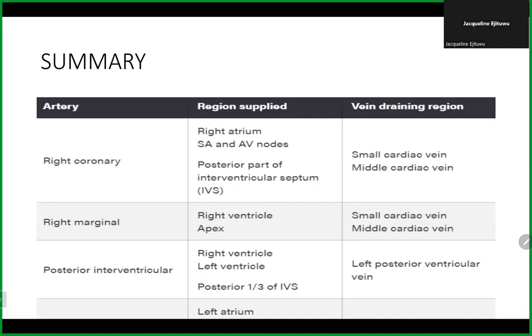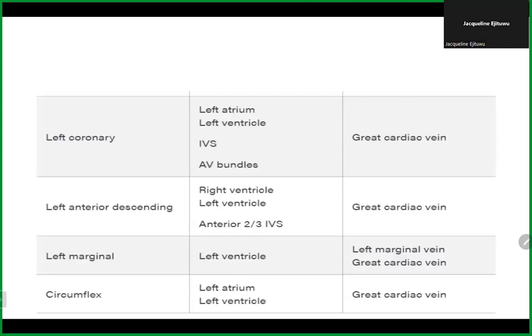Then we have the left atrium, the major part of the left atrium, LV, and then the anterior third of the interventricular septum being supplied by the left coronary artery. And these areas are drained into the great cardiac vein before draining into the coronary sinus. Then the LAD also supplies part of the right ventricle, LV, and anterior 2/3 of the interventricular septum. And this part is also drained into the great cardiac vein.